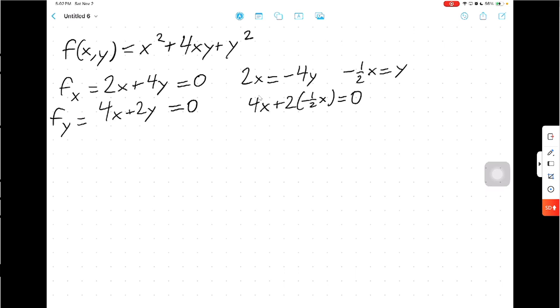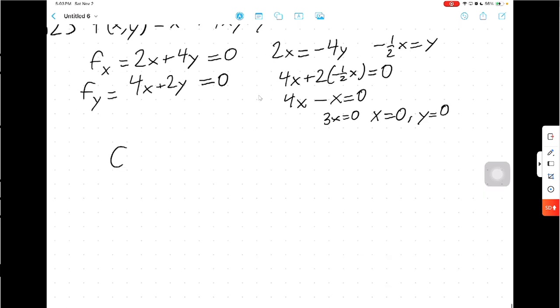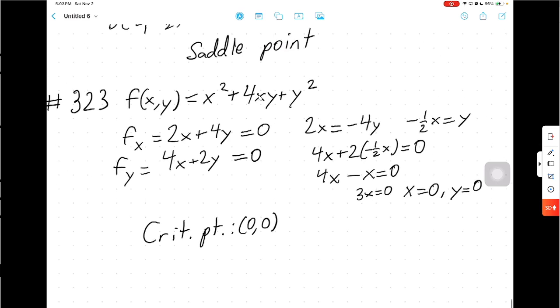Plugging into the other one, we get 4x minus x is equal to 0, 3x equals 0, or x is equal to 0, and therefore y is equal to 0. So our one critical point is 0, 0.